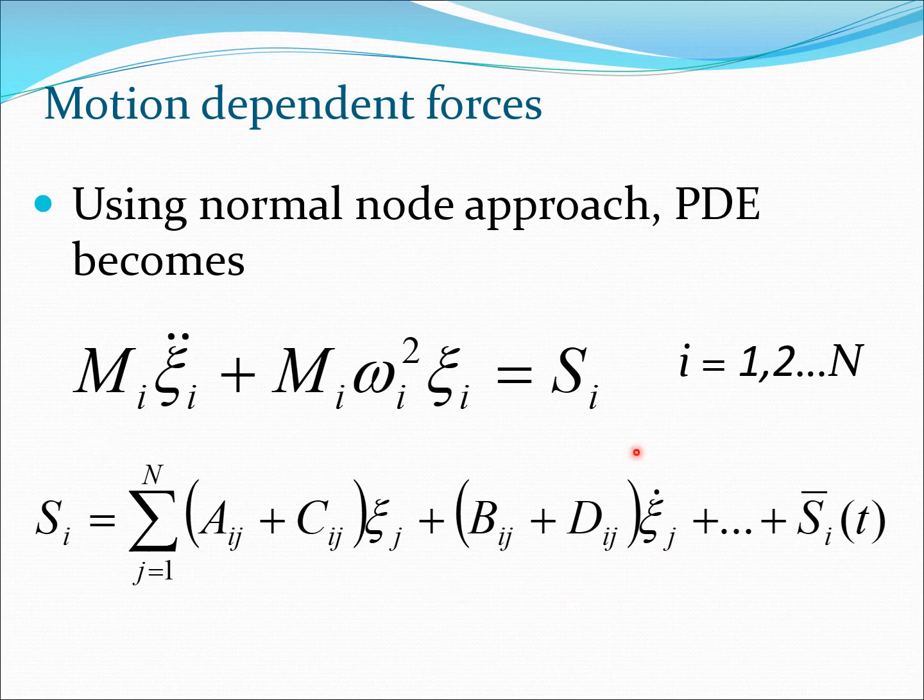So you do your same normal mode approach, but now the left hand side is all fine, but the right hand side, where you have shifted all the motion dependent terms, becomes more complicated. It has motion present there. So these xi terms are present on the right hand side. And these would have to be brought to the left hand side and so on and solved.